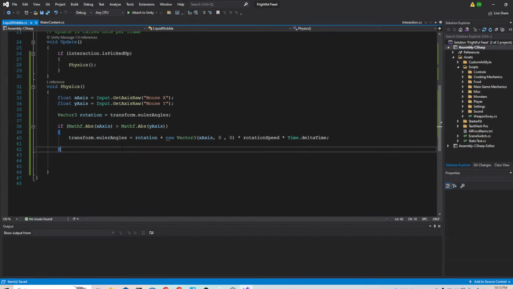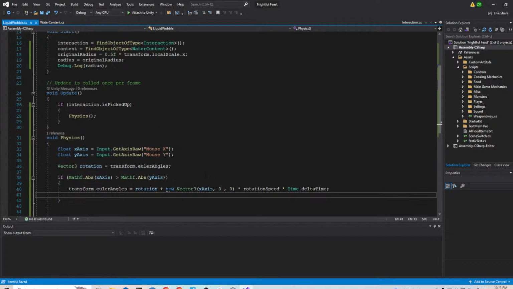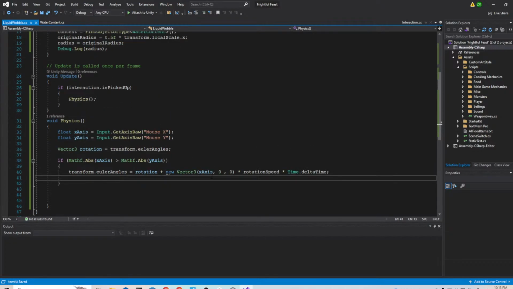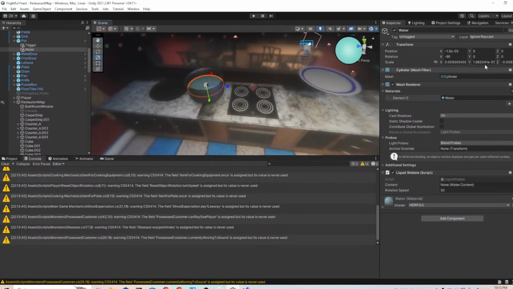Okay, and then we need to change the radius. So we know the angle, we know the rotation. So yeah, rotate it on the x-axis.